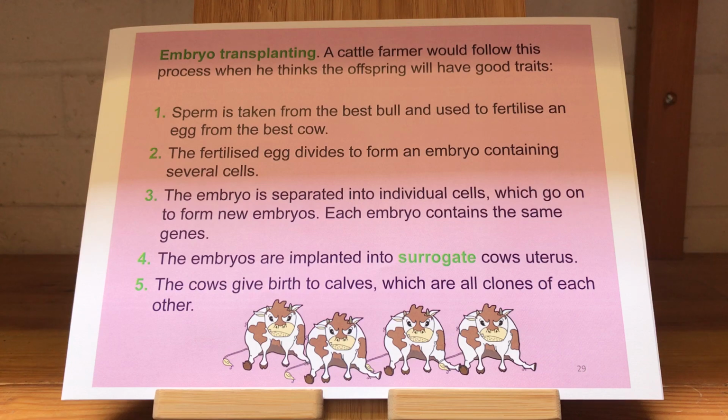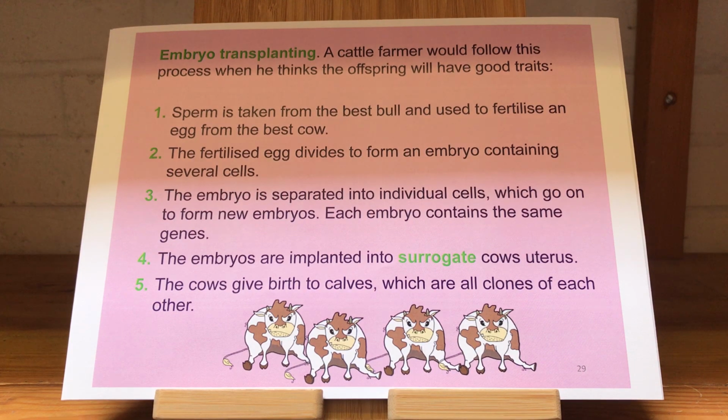In embryo transplantation, we take those two individuals that we think are going to have the good features, and we do IVF. So we take the egg, we take the sperm, we fertilise them together in a petri dish. Now, if that was going to be identical twins, when it turns into an embryo and it starts going through mitosis, if that embryo splits, we get identical twins.